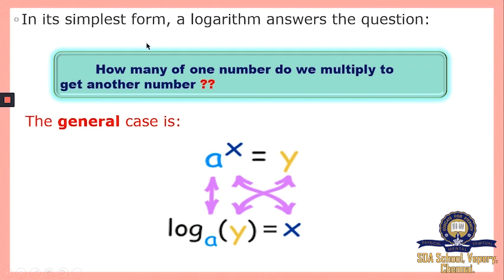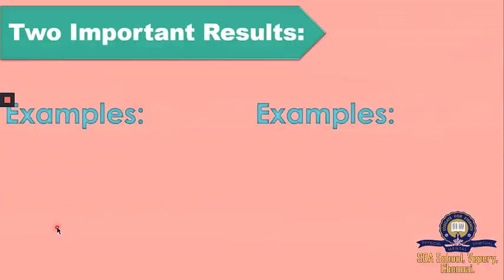In its simplest form, a logarithm answers the question, how many of one number do we multiply to get another number? How are we converting the exponent form to logarithmic form? They have defined it here. Now we are going to see two important results.